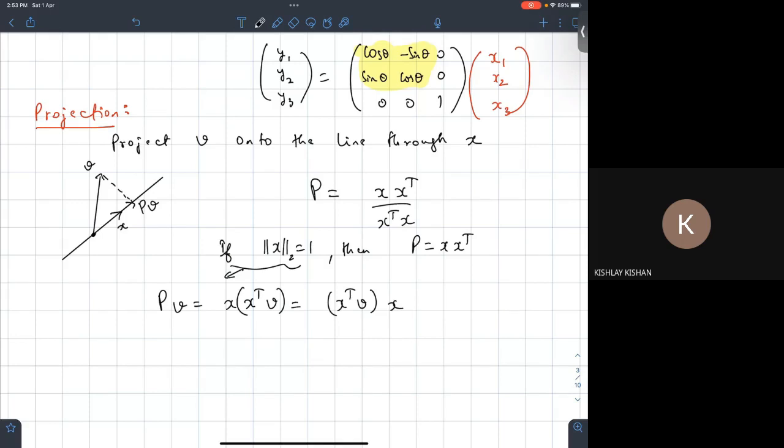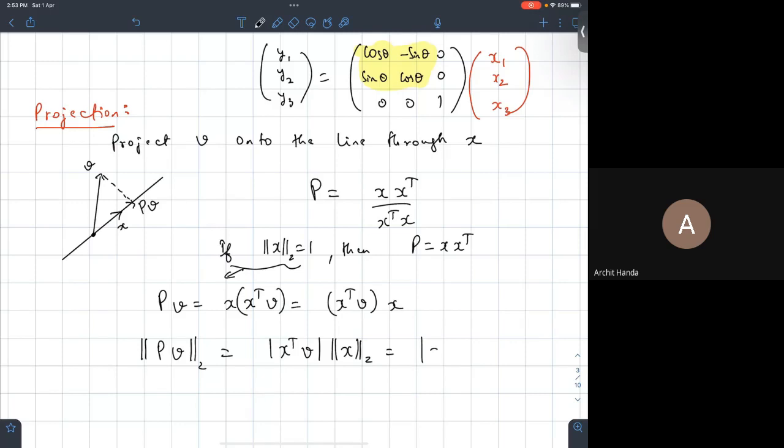Now what is the length of PV? It is the absolute value of X transpose V times the length of X. But what is the length of X? 1.